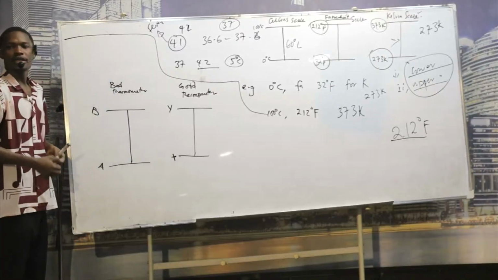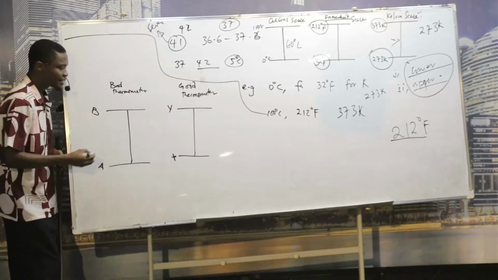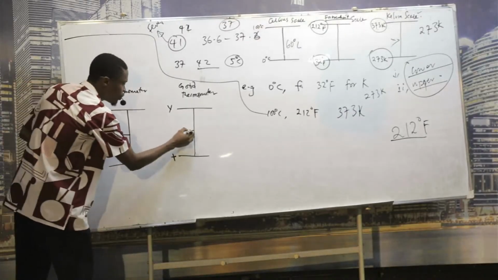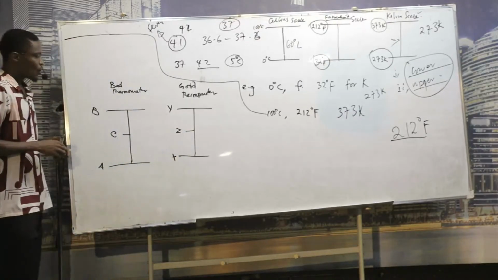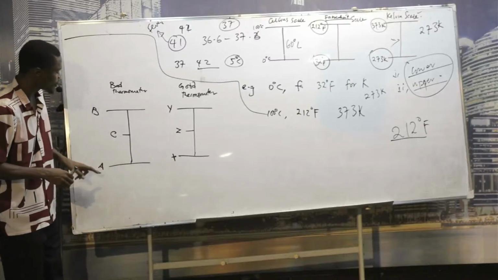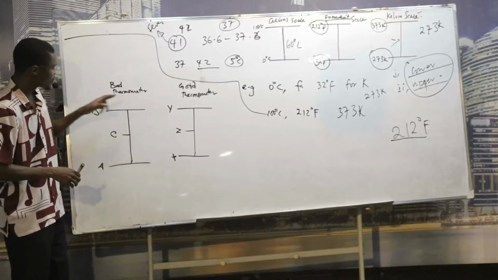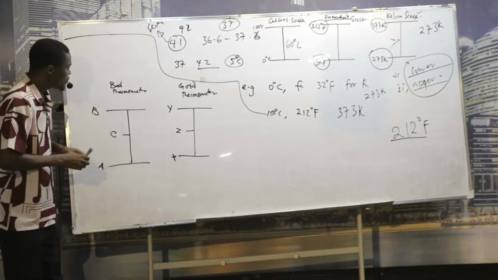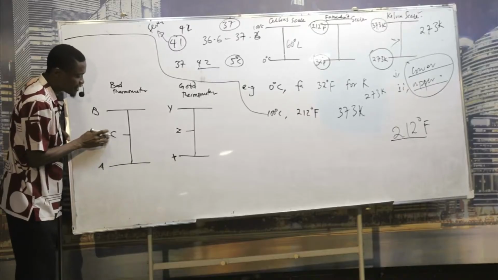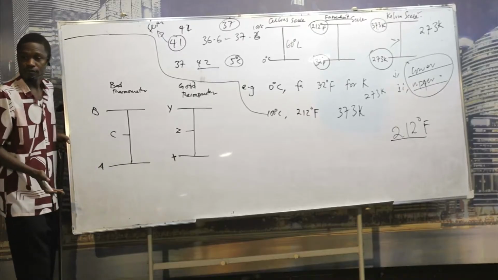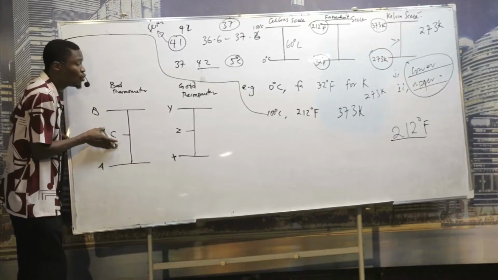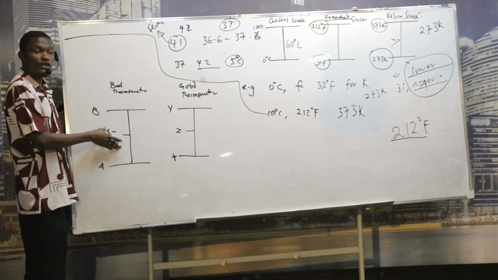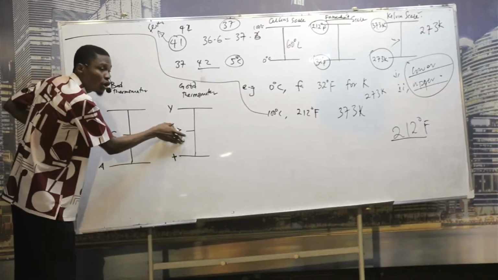Good. Now, what we want to do is compare C to Z. We already know that X corresponds to A, Y corresponds to B. Therefore, C will also correspond to what now? Z. Let's assume that C is an arbitrary temperature, meaning it's a temperature we are trying to know whether it is good or not, whether it matches the Z or not.